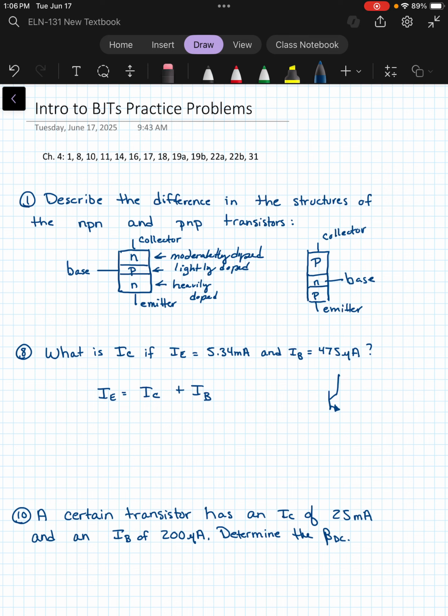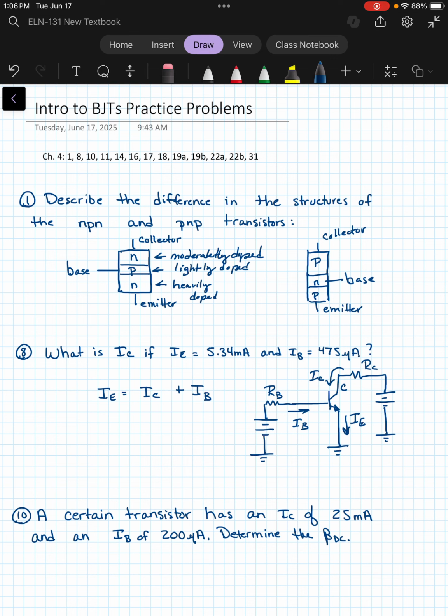If it was biased to work in the active region, we would have a positive voltage source over at the collector side, and that is RC, which would be driving current into the collector, conventional current. And then we would forward bias the base to emitter junction, which would create a current into the base, and those currents would then combine to be your emitter current.